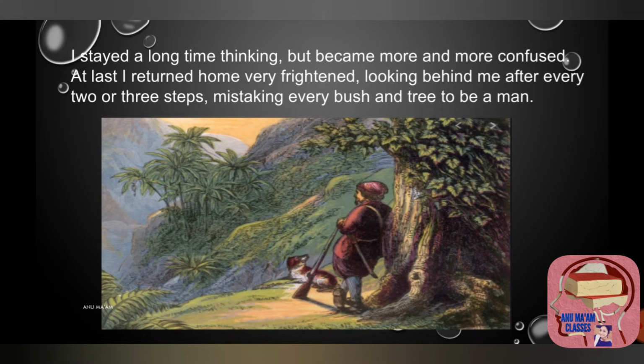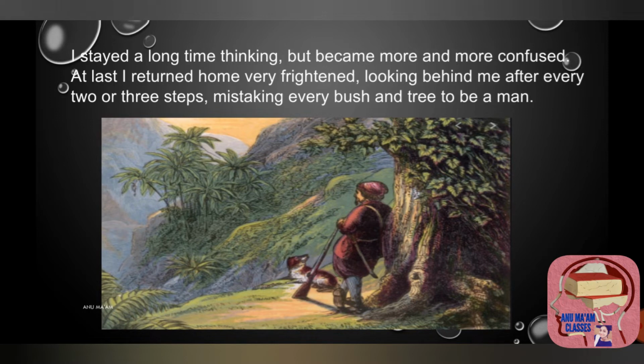Okay, he said that he kept on thinking for a long time about whose footprint it could be. But he was not able to think of anything. He was getting confused, right? So he decided to return to his home. And when he was coming back, he was very frightened. Actually, he was very scared. He was looking here and there because he was thinking that someone should be there whose footprint it was, right?